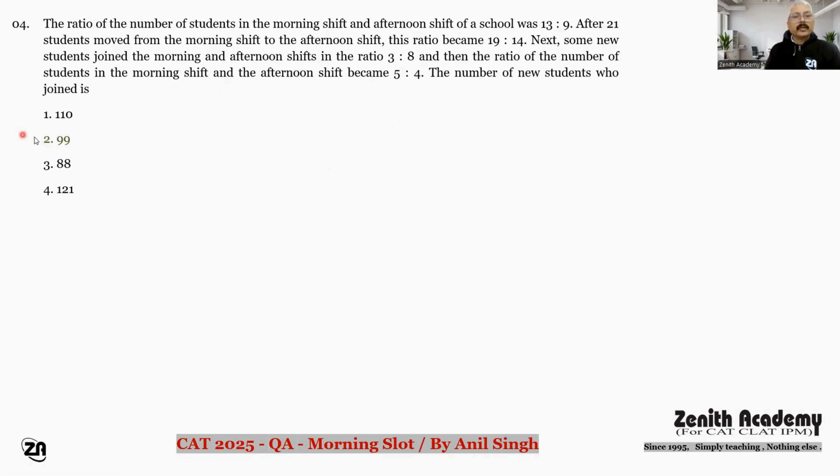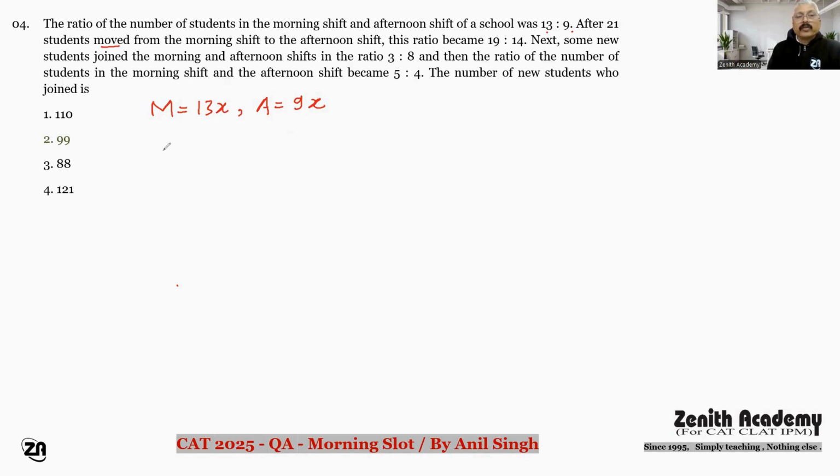So here, in the morning shift, suppose the students for the 13:9 ratio are 13x, and afternoon shift 9x. After 21 students move from the morning shift to the afternoon shift, the ratio becomes 19:40.